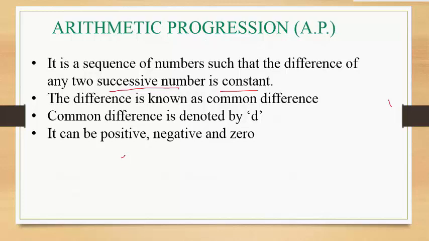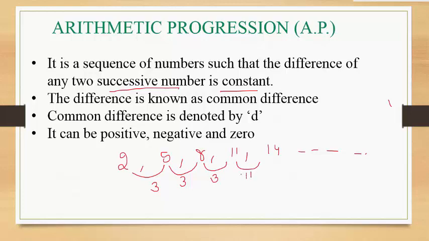For example, say if I have a sequence of 2, 5, 8, 11, 14, this is my sequence. Now if I calculate the difference between these, here the difference is 3. Now 8 minus 5, again 3, 11 minus 8, again 3, 14 minus 11, again 3.